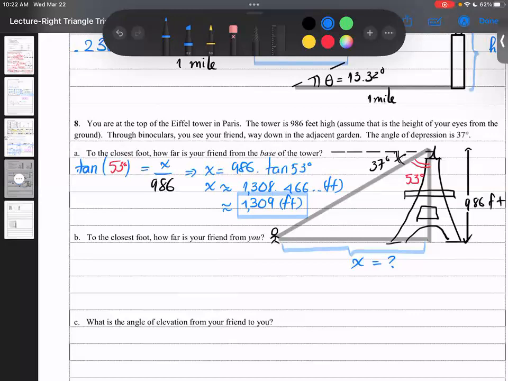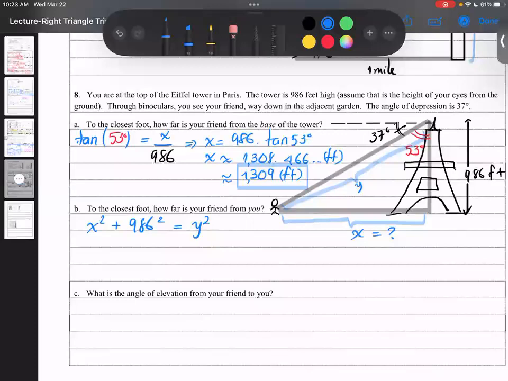I'm going to call that y. So x squared, that's one of the legs, plus another leg, which is 986 feet squared, equals y squared. Right? x squared is 1,309 squared plus 986 squared equals y squared.